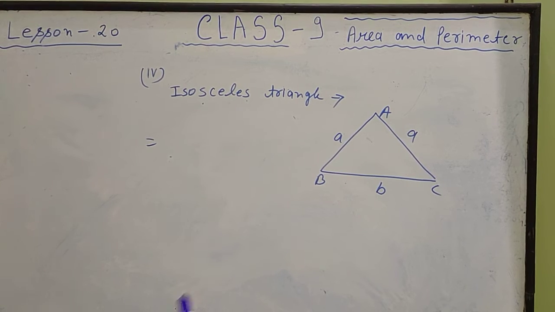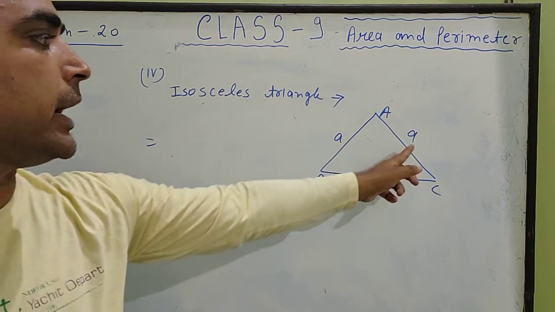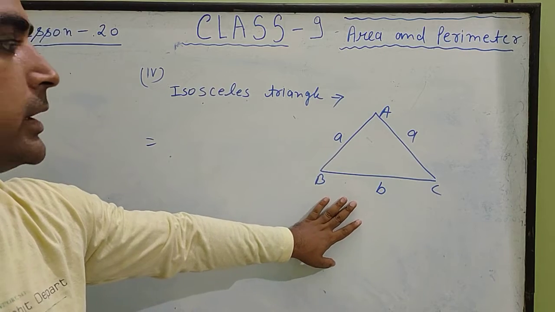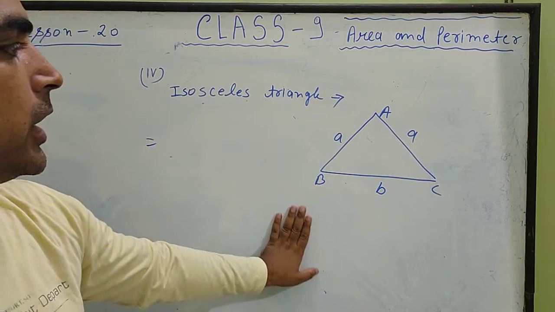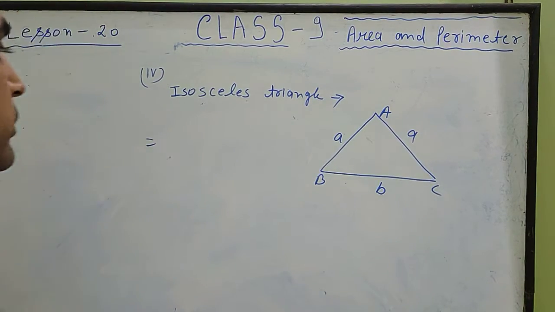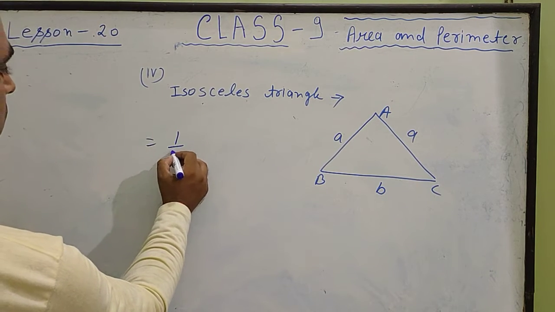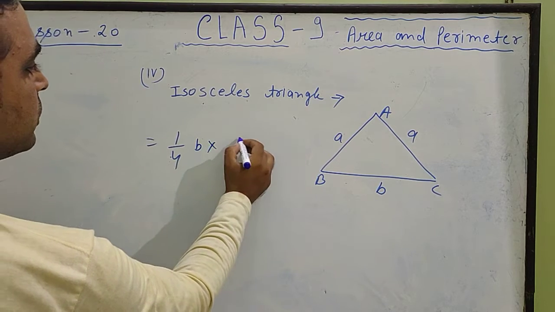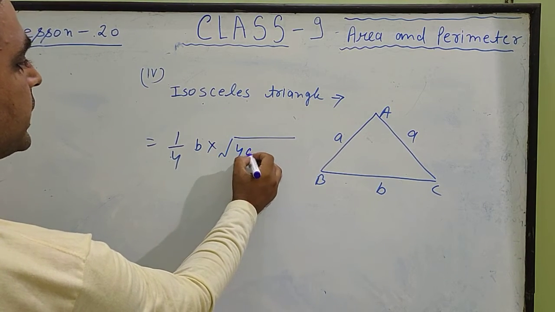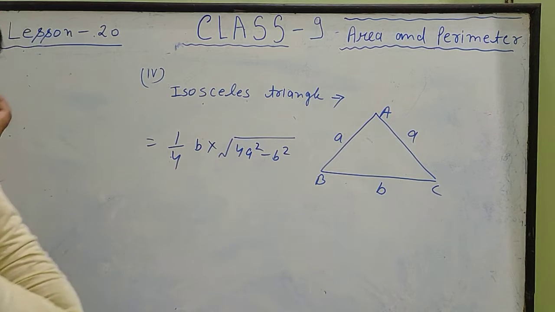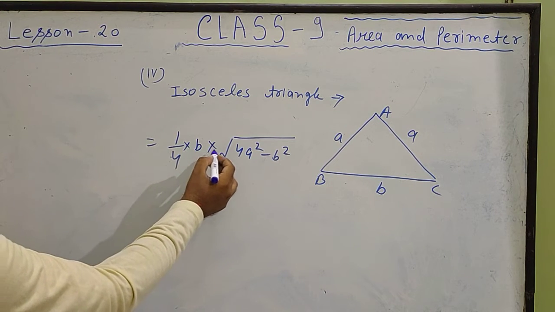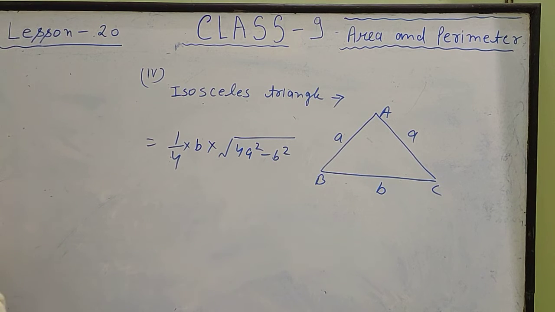Now in the fourth case, when an isosceles triangle is given. Isosceles triangle means when two sides are equal in the triangle and one side is different. So this is the isosceles triangle. To find the area of an isosceles triangle, the formula is 1 by 4 into b into under root 4a square minus b square.